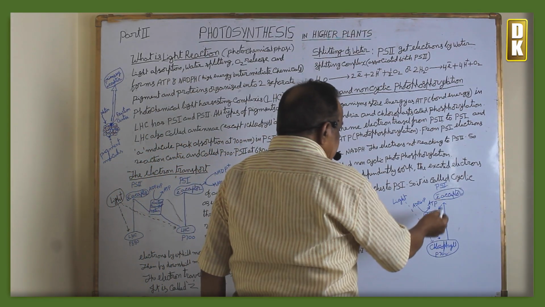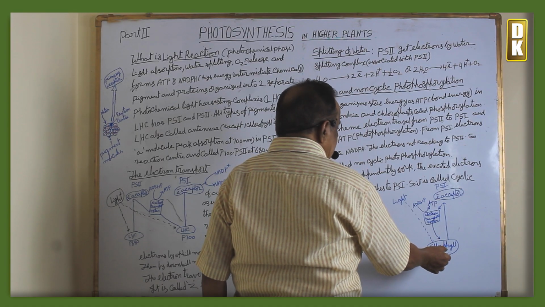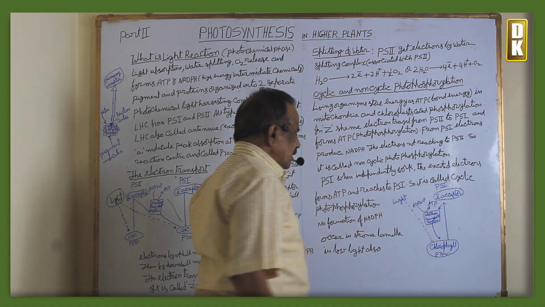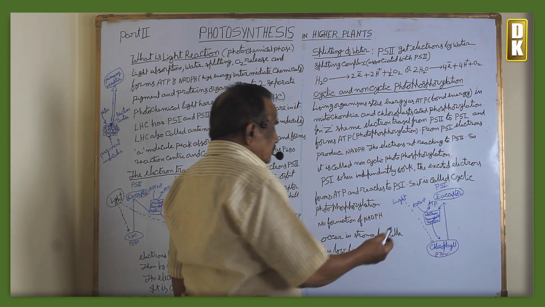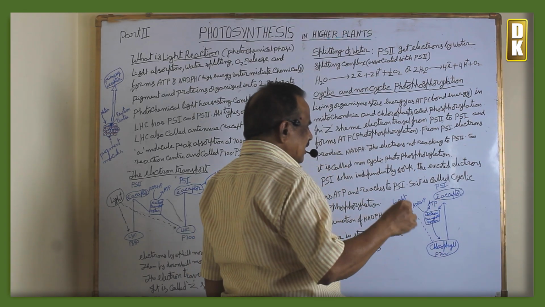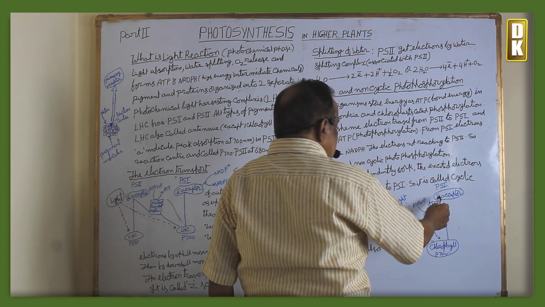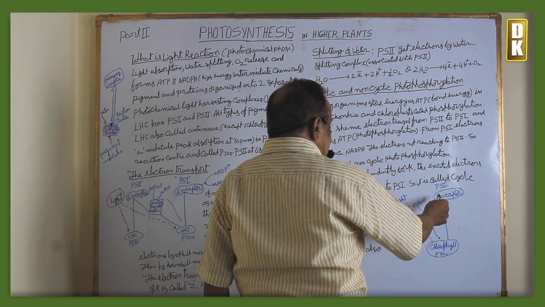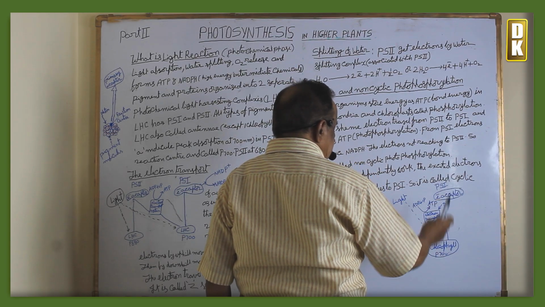Now, the electron acceptor from the chlorophyll P700, that is PS1, in cyclic photophosphorylation: the phosphorylation occurs in the presence of light, so it is called photophosphorylation. Electrons will be accepted by the primary electron acceptor, and it will jump to the electron transport system.